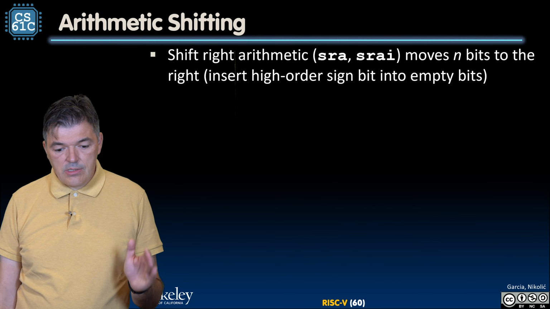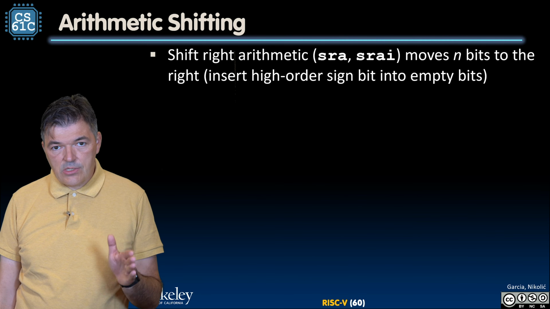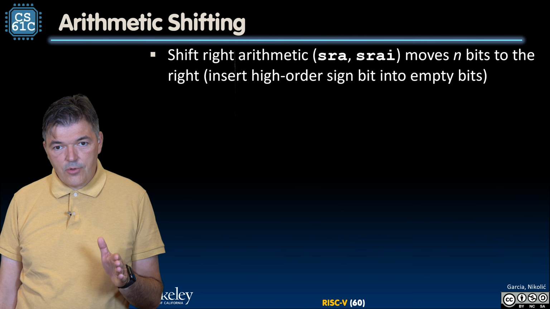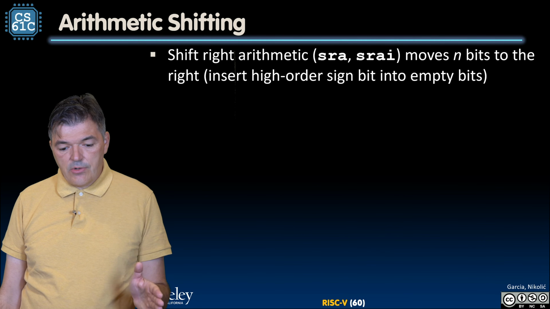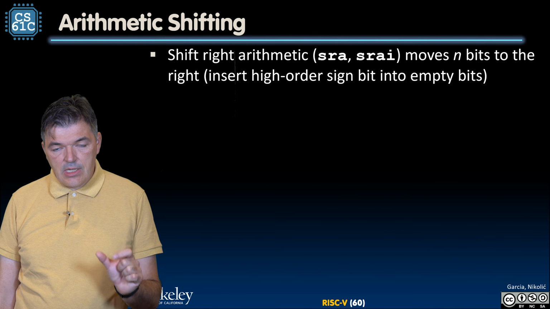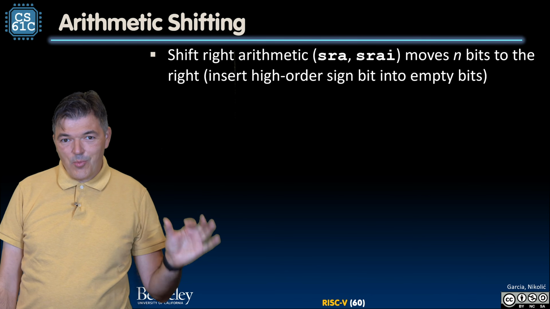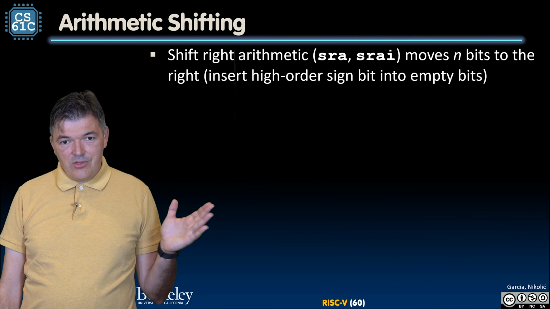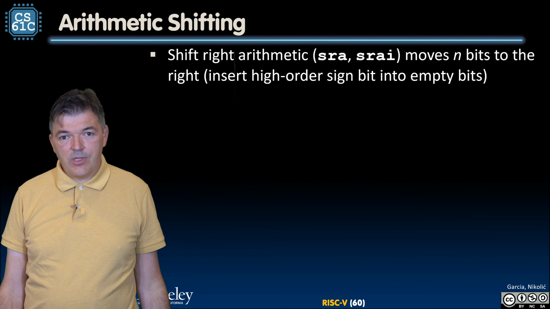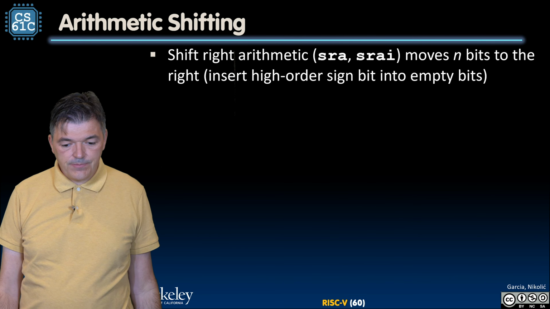Shift right arithmetic, which exists in register and immediate forms, moves n bits to the right and inserts the sign bit into the empty bits. It basically replicates that topmost bit into the empty positions that we have emptied by shifting to the right.